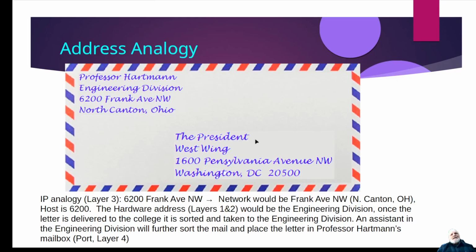And then, of course, the first thing the president is going to do when he gets this letter is reply to it and send it right back to me. So I need to make sure that I include my return address information, so that the data can get back to me correctly.